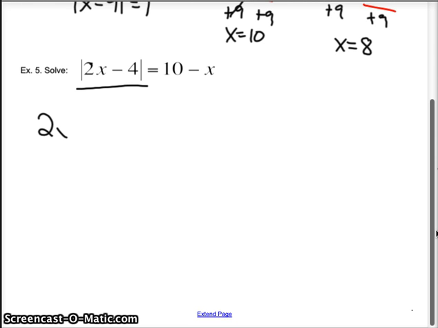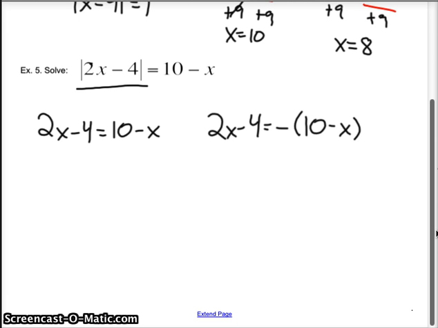So that 2x minus 4 could actually equal that 10 minus x. Or that 2x minus 4 could equal the opposite of 10 minus x.